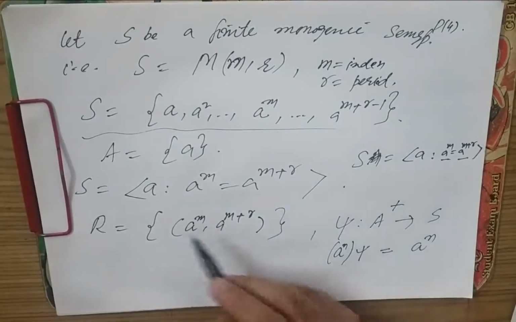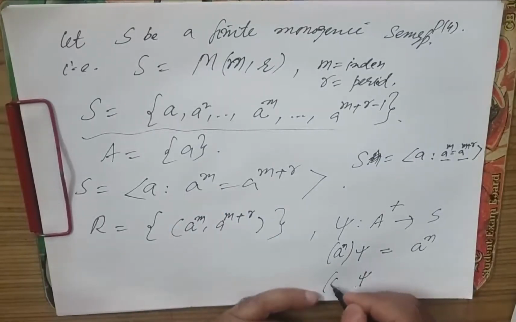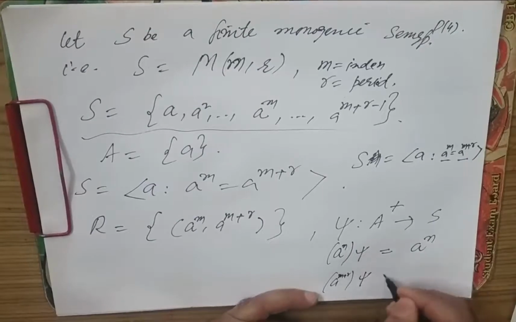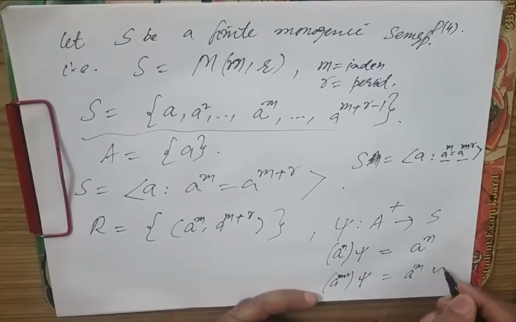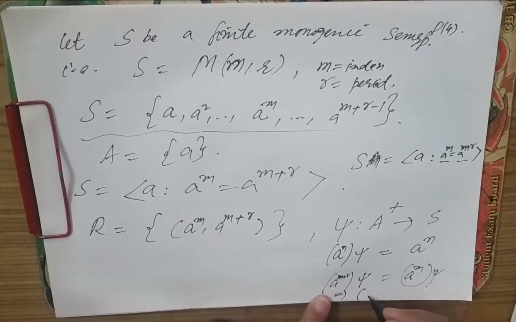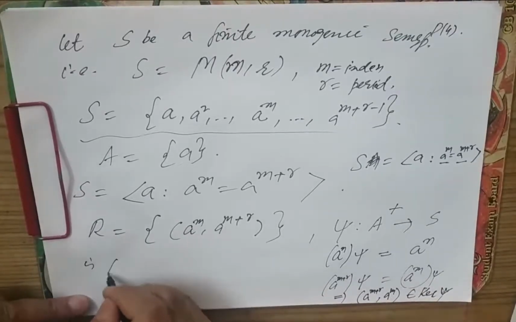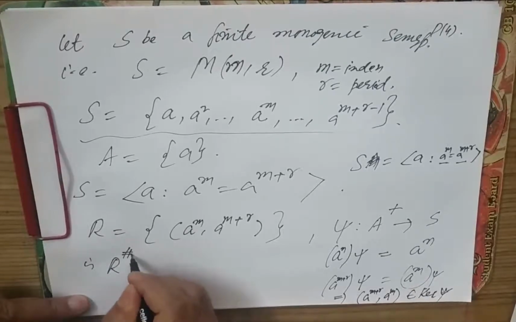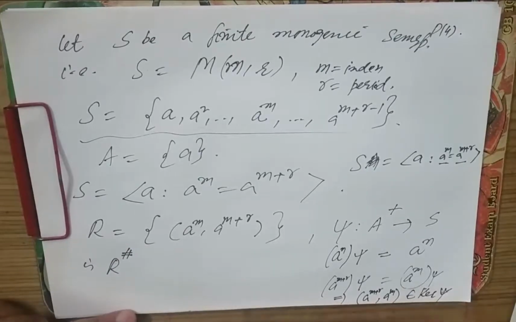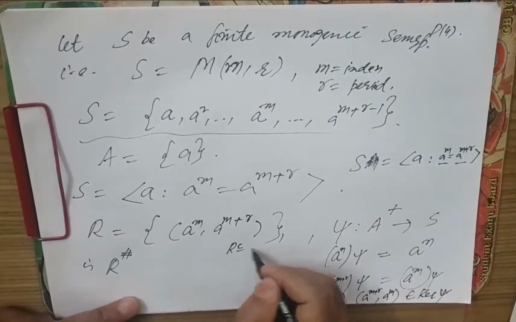So in our case, because it's a finite monogenic semigroup, psi of A power m plus r is equal to A power m. That means the pair A power m plus r, A power m belongs to kernel of psi. Therefore R sharp, the smallest congruence generated by R, is a subset of kernel of psi, because R is a subset of kernel of psi. You can see it's trivial.